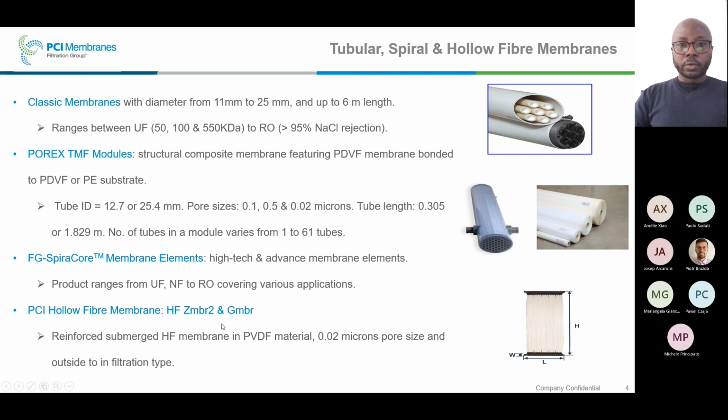So all of these are the membranes that we have available as part of the PCI portfolio. And I'm sure I'll be talking about the applications of some of these membranes within the dye processing later on in this presentation.